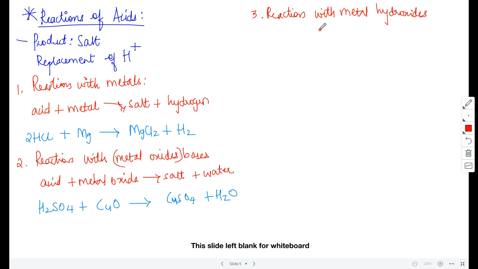Again, metal hydroxides are bases, and we get the same product over here as well. That means acid when reacted with metal hydroxide will give me salt plus water.